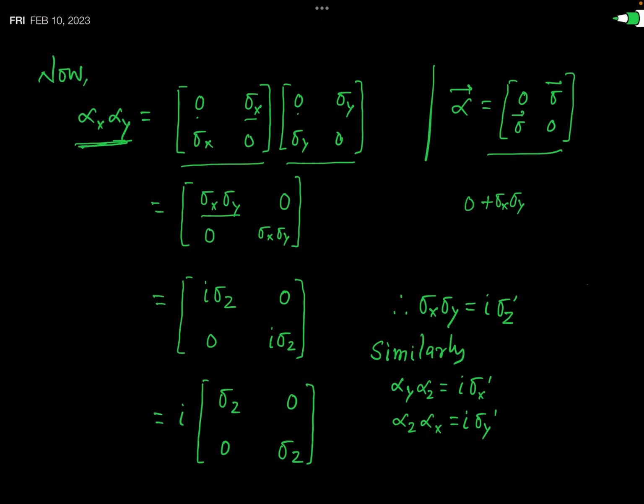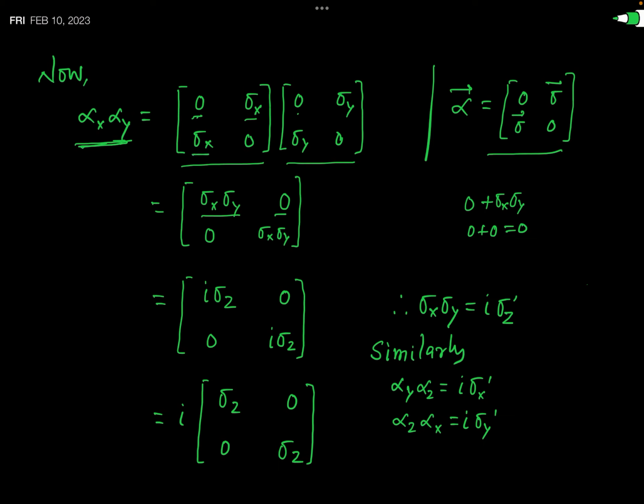Okay, now we will take 0 times sigma y, that will be 0, plus sigma x times 0, that will be 0. So the second element is 0. Okay, this is a simple product. You can understand, you definitely have knowledge of finding the product of matrices.